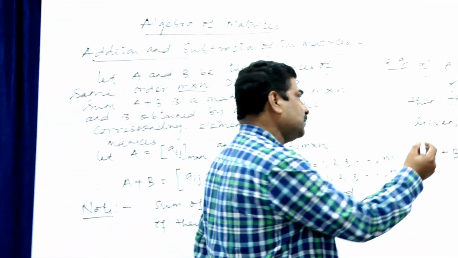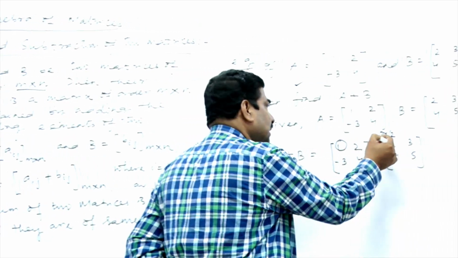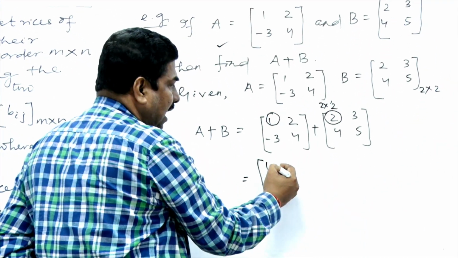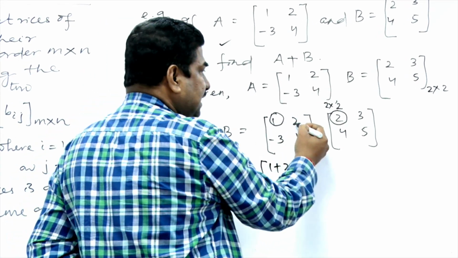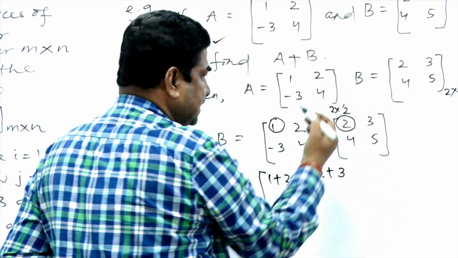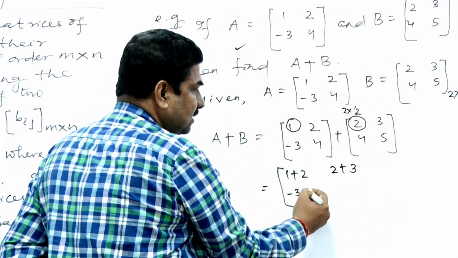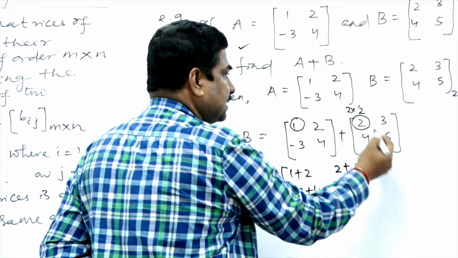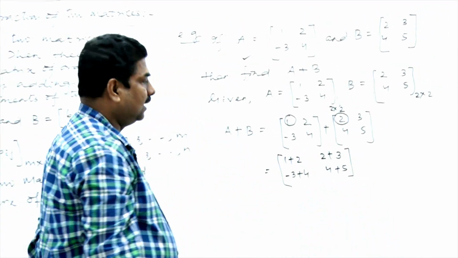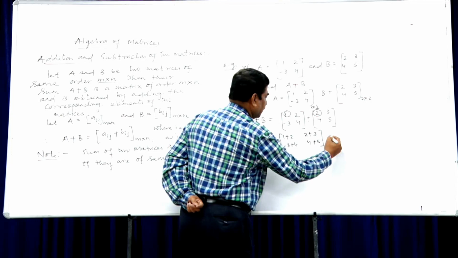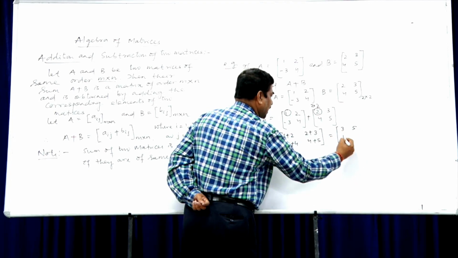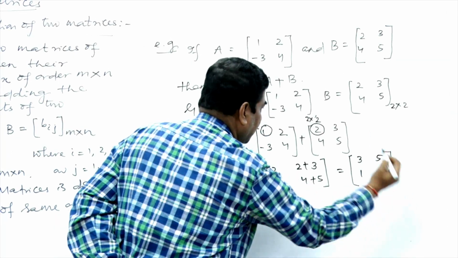So 1 plus 2, then 2 plus 3, then minus 3 plus 4, and 4 plus 5. This equals 3, 5, 1 and 9.